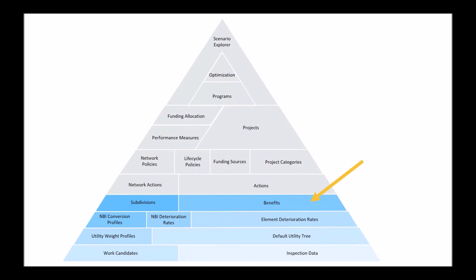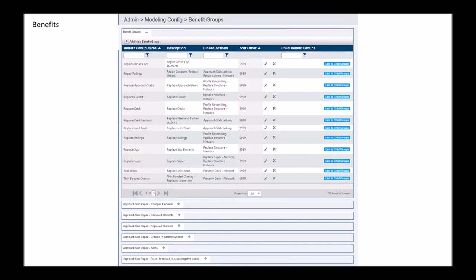Let's talk about benefits, which in a lot of ways is one of the main events of this training. Benefits are the changes to a structure as the result of work. There's some default out-of-the-box benefits, but you should look at these as an example and then work to model your agency's typical work.